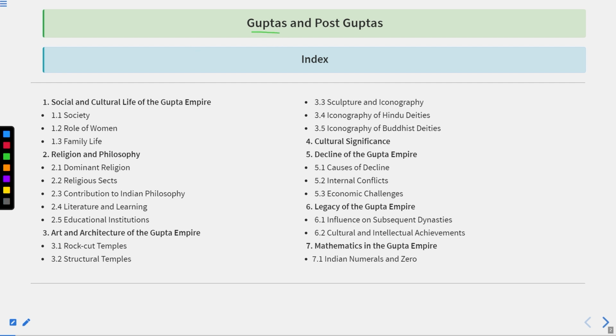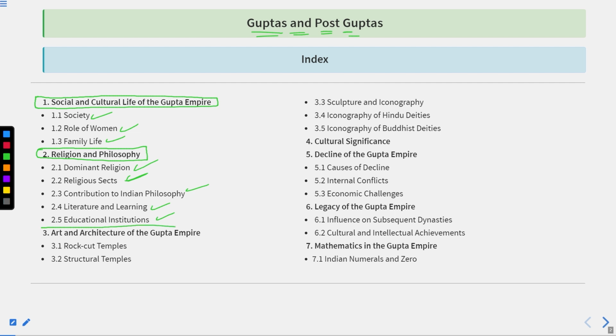Now, in this lecture, we are going to cover the topics that are listed over here. We will start with the social and cultural life of the Gupta Empire, in which we will discuss society, the role of women, and family life. After this, we will discuss religion and philosophy, in which we will discuss the dominant religion, religious sects, contribution to Indian philosophy, literature and learning, and educational institutions.